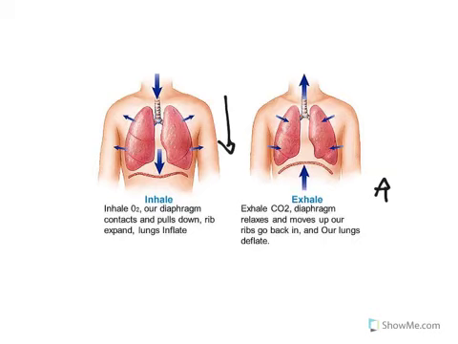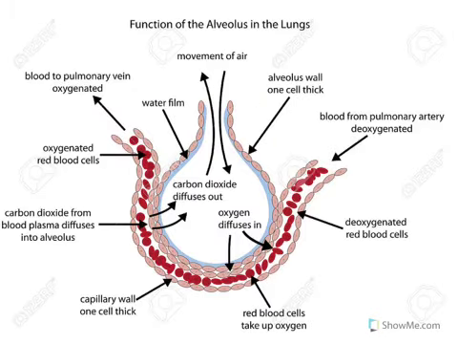So the gas will go out, CO2 will go outside the lung. In inhalation, oxygen will get in. We'll zoom in into the alveoli and see how the gas exchange process happens.